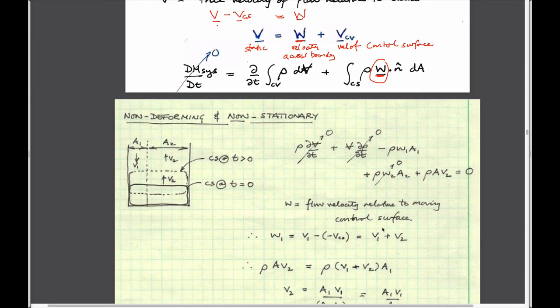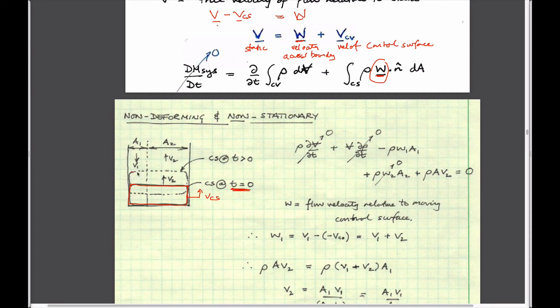And so if we think about that, one way we can now solve this problem is to do this. We'll take this as our control volume as before. This is at initial time 0. But what we do is we allow this control volume to go up at some velocity.